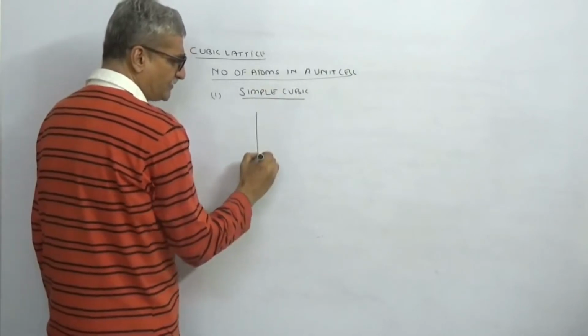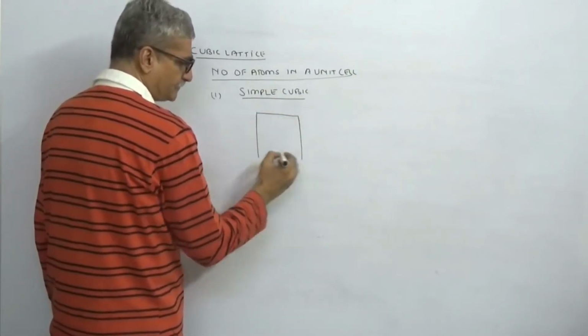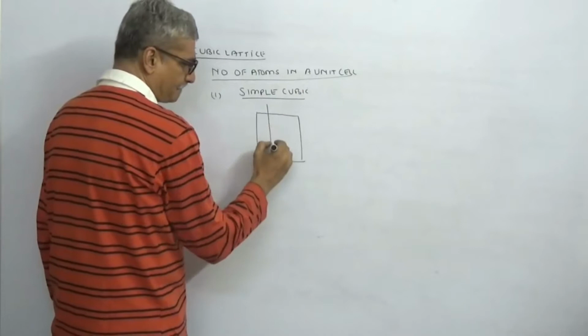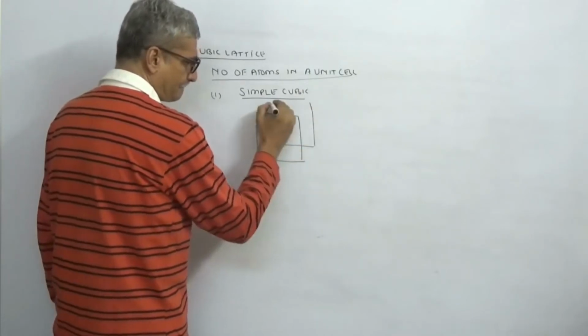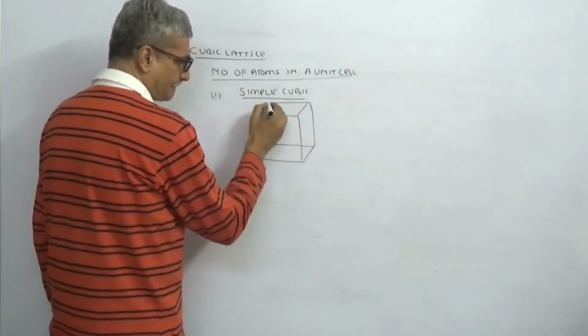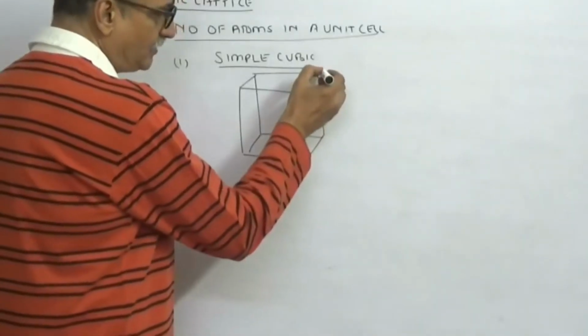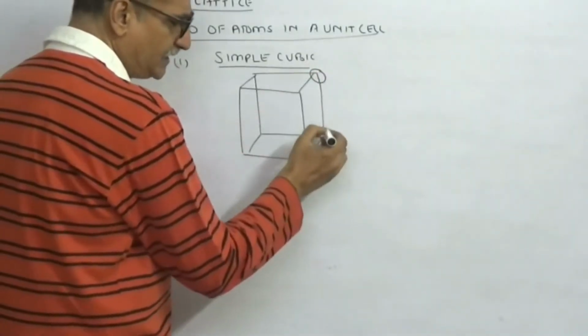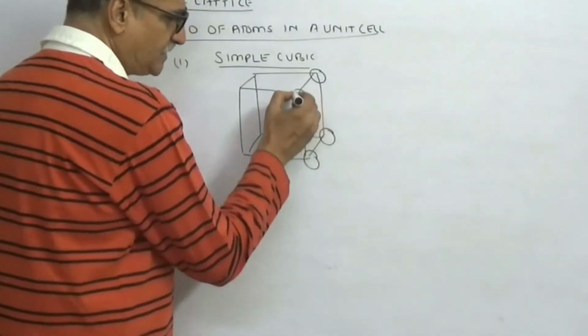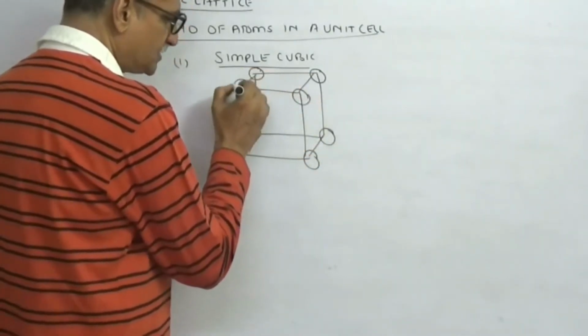What is the diagram of a simple cubic, or primitive? Where are the atoms present? Atoms are present in the 8 corners.